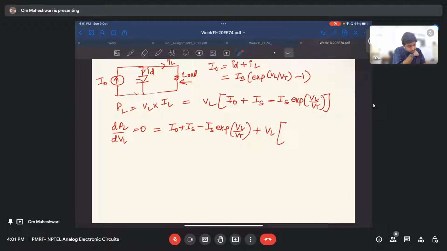The derivative of I naught is 0, IS is 0. This will give minus VL by VT IS EXP VL by VT. Is this step clear? The derivative? Yes, sir. So the derivative is also fine. Next, what are they doing?